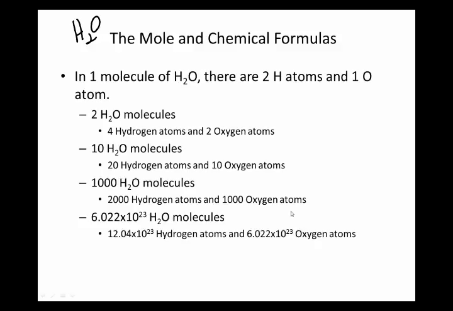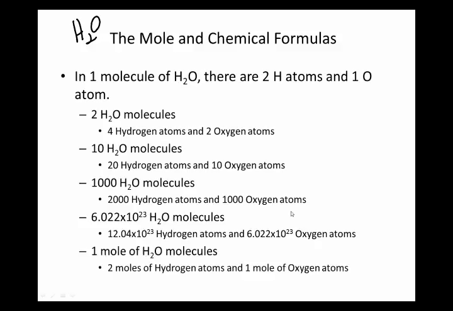A quicker and easier way to say this is if I have 1 mole of water molecules, I have 2 moles of hydrogen and 1 mole of oxygen. I went through this whole thing because a lot of times students get troubled by the idea that I'm saying there's 2 moles in 1 mole, forgetting that moles is just a quick way of talking about numbers of things.